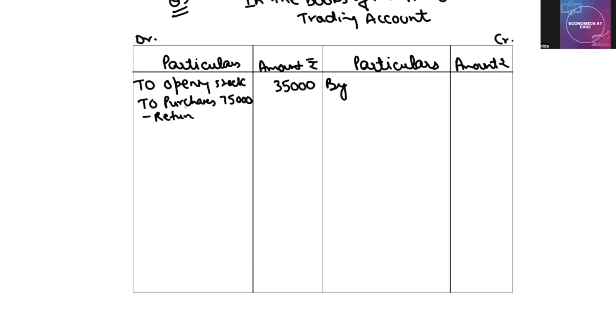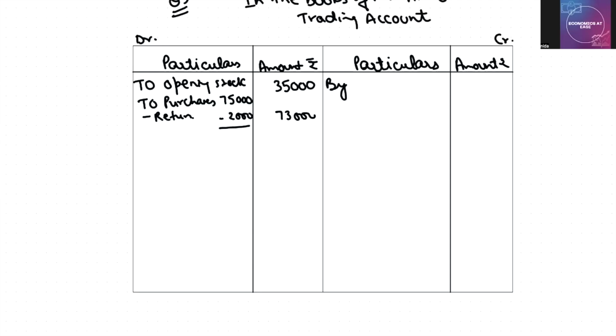Returns is 2,000. Purchase return will be on the credit side. Okay, so don't put the wrong amount. Purchase return is always on the credit side and sales return is always on the debit side. If it is not mentioned, then you mention the amount written opposite, okay? So don't get confused. So you will get your 73,000 in the outer column.